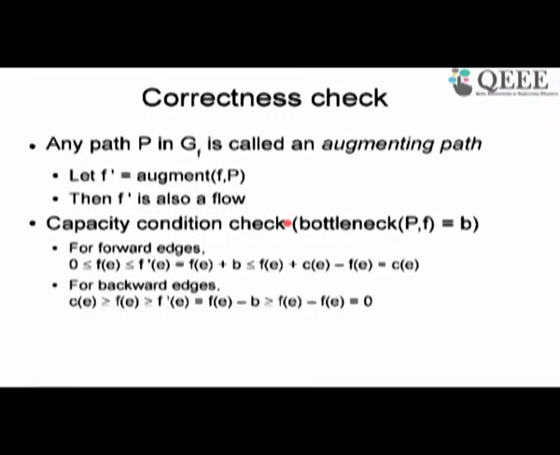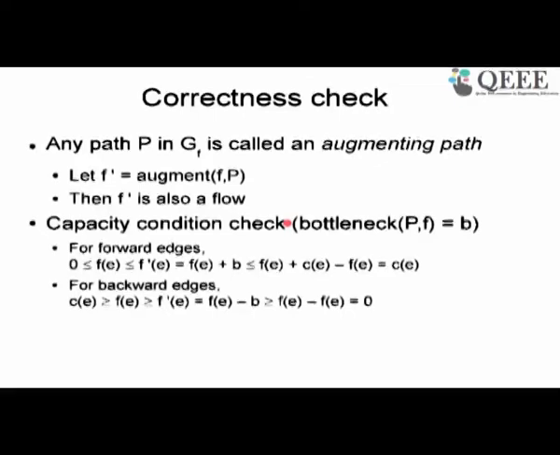So the first thing I want to show basically is that if I take a flow and I take a path and augment it, then what I'm going to get is a flow, right? Taking a flow and augmenting it using a path from the residual graph will also result in a flow. In order to show that it results in a flow, I have to show two things. One, that it satisfies the capacity condition, and two, that it satisfies the conservation condition, right?